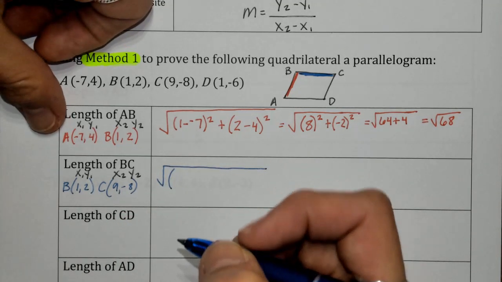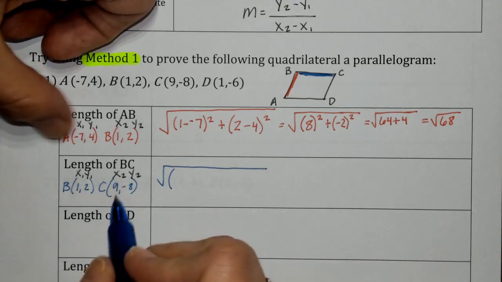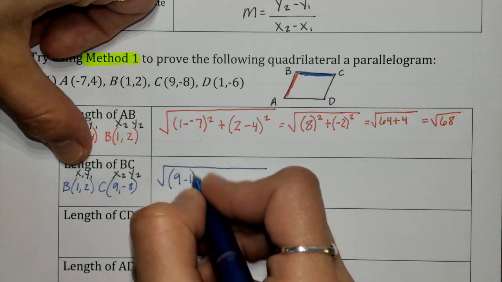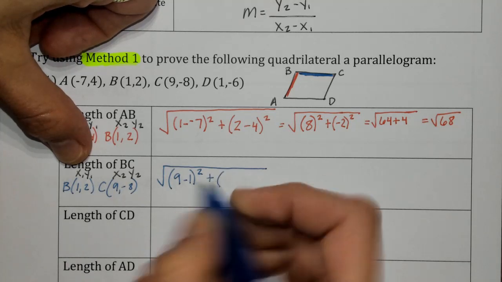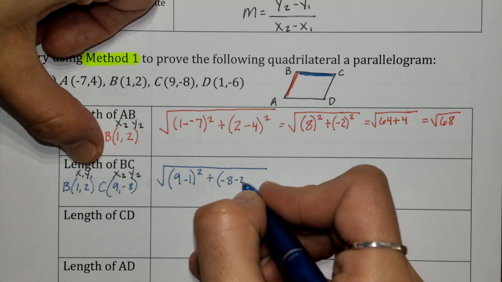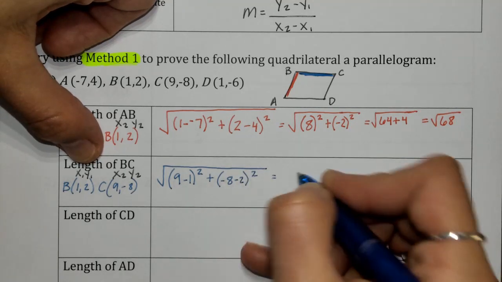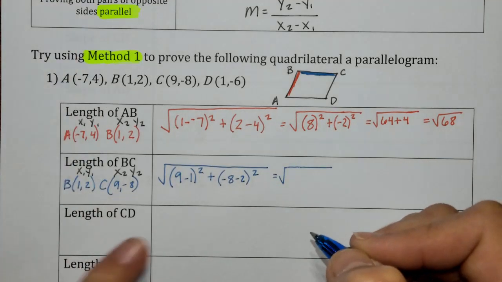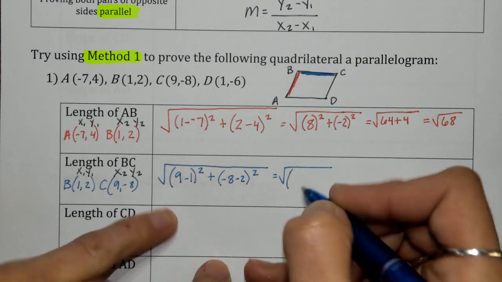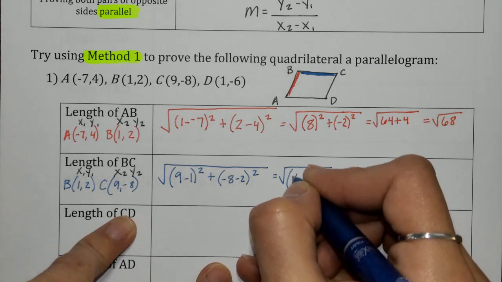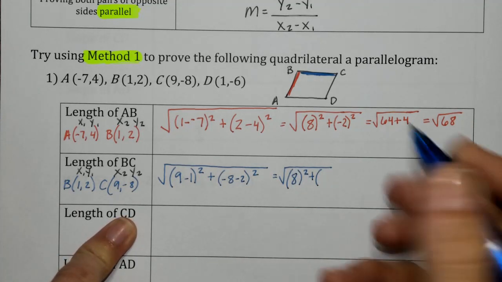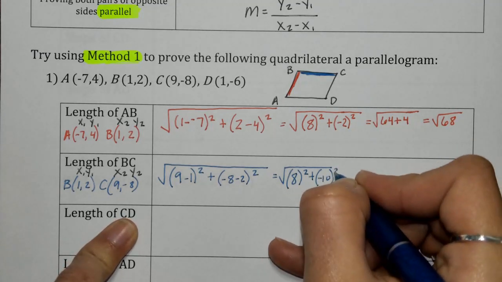The formula's way at the top, but we're going to have x2, 9, minus x1, 1, squared, plus y2, negative 8, minus y1, 2, squared. Once we do the subtraction on the inside, we're going to wind up with 8 squared, plus negative 8 minus 2, which is going to give us a negative 10 squared.